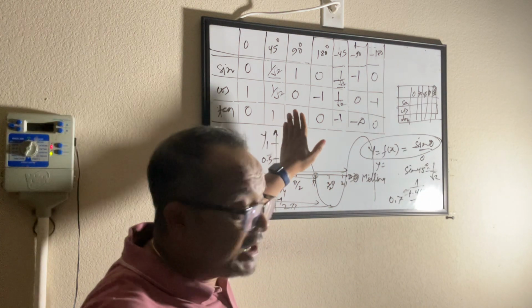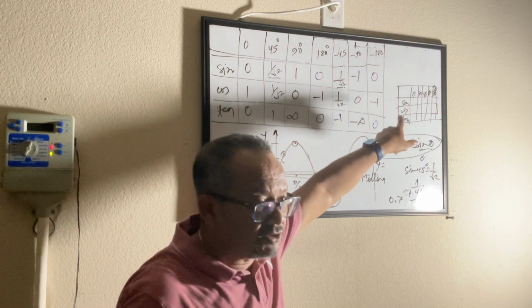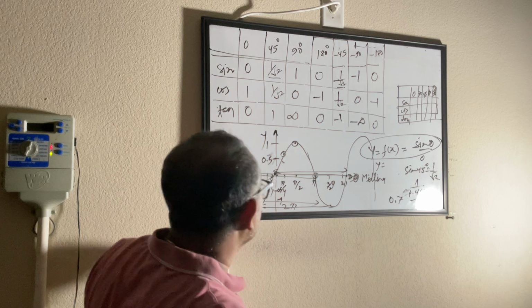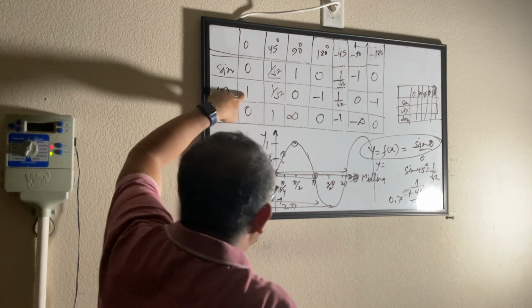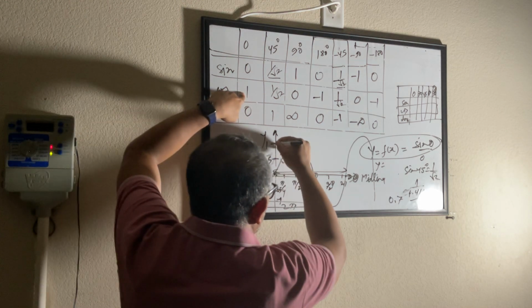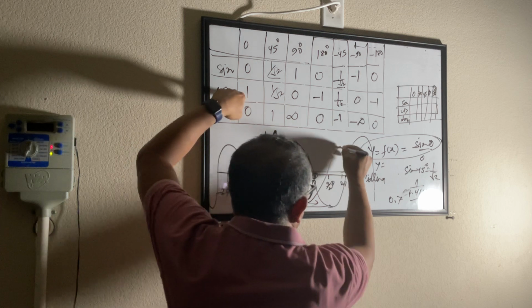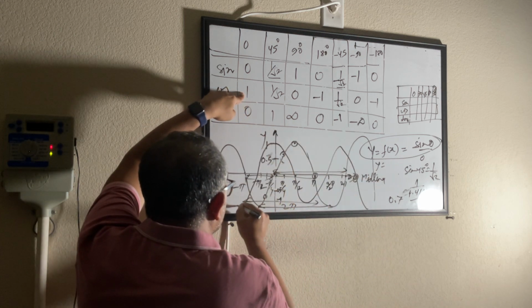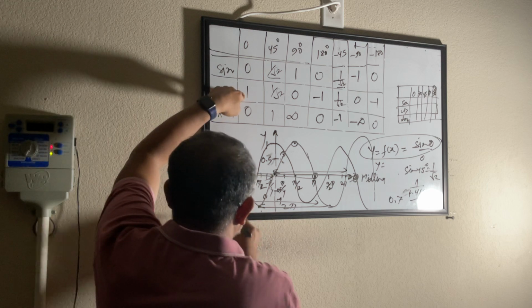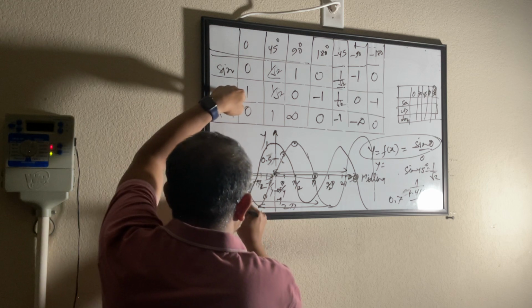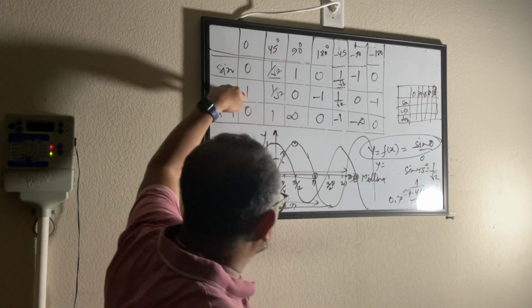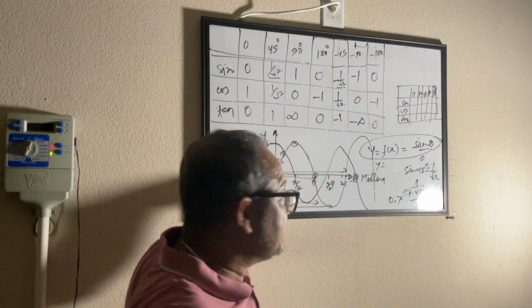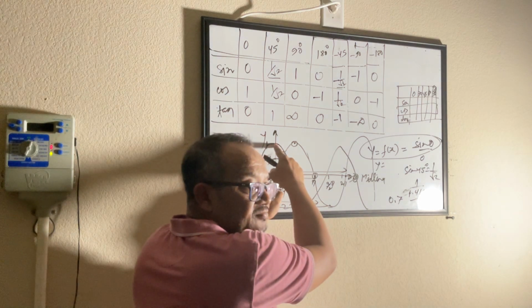Now the same thing you can do with cos value also. I'm not going to waste your time by doing it again in bits and pieces. But what I will tell you is, when you are starting from 0, the difference you will notice here is that sine starts from the origin, 0, while cos starts from 1.